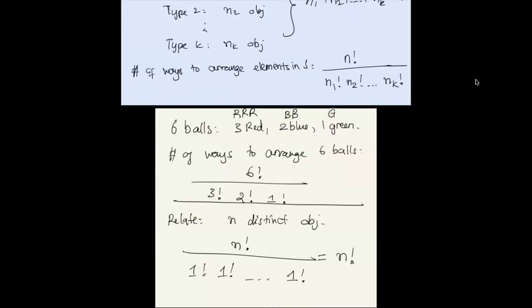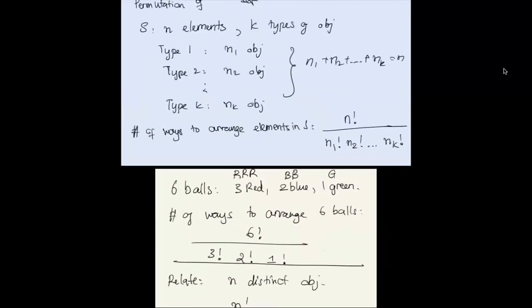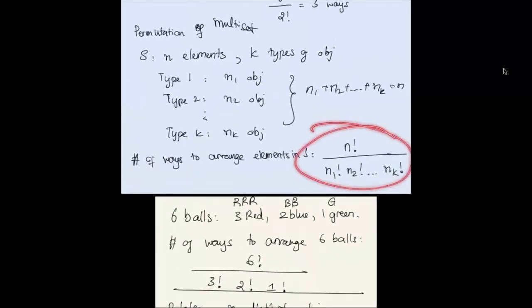Any other questions regarding this? Next time when we talk about combination, I will also start with this one. I will start with permutation of multiset to transition to combination.